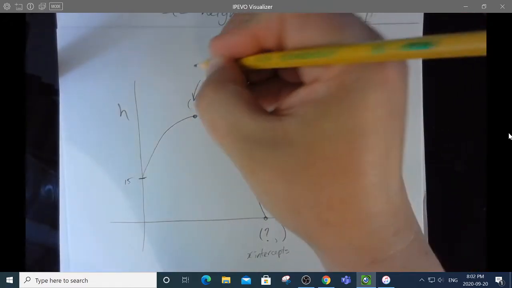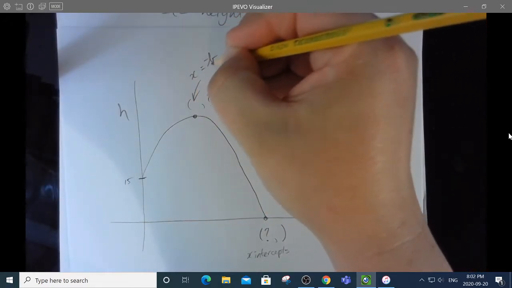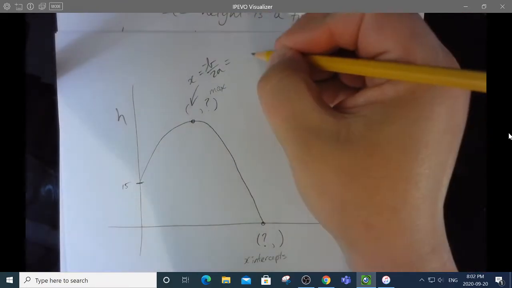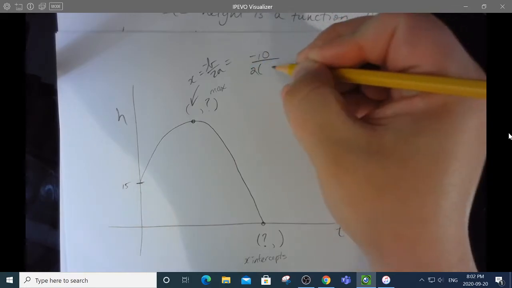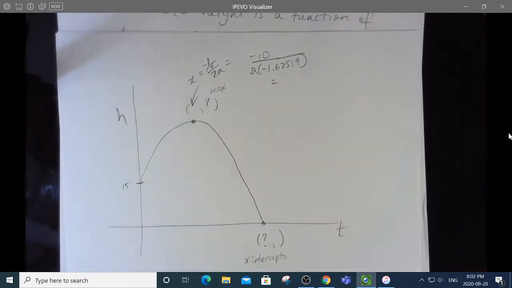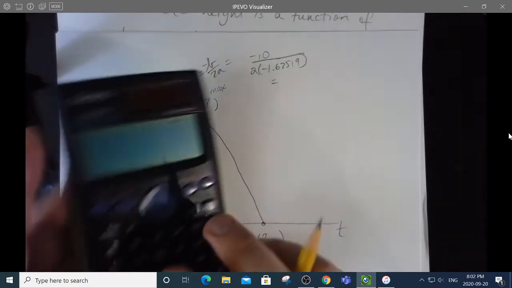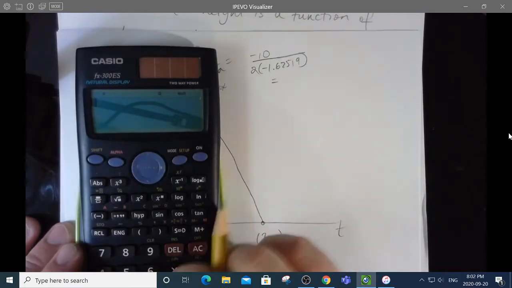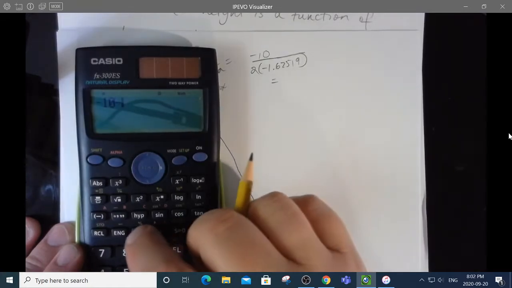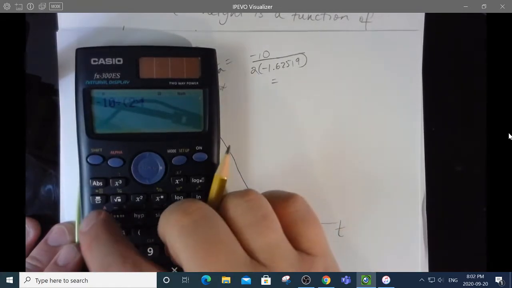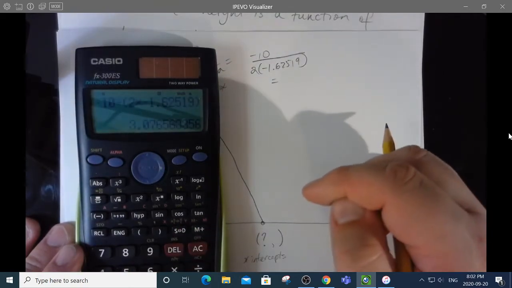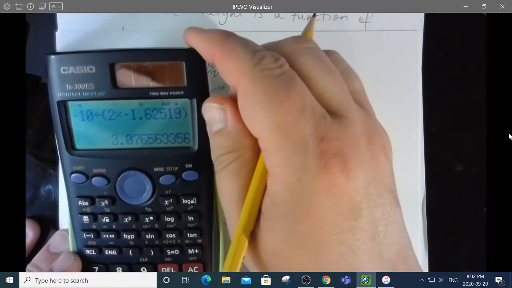So this is, of course, x equals minus b over 2a, and let's figure out what that is. That would be minus 10 over 2 times negative 1.62519. I'll punch buttons on my calculator: negative 10 divided by, open a bracket, 2 times negative 1.62519, close brackets, equals, and okay, I'm going to get 3.07.